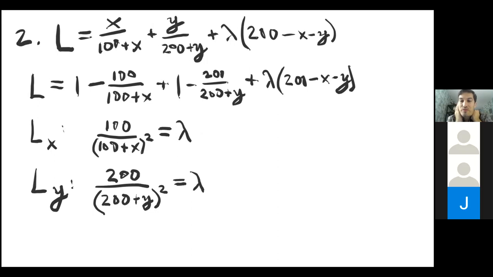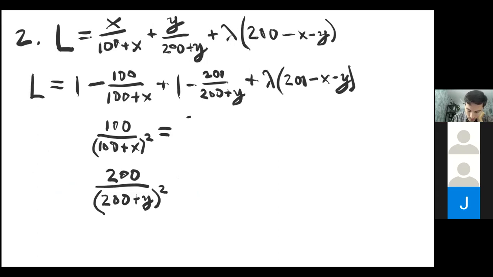Because just like before, the first step is going to be to eliminate lambda. So really natural and wise first thing to do in a situation like this. Forgive me, but I will erase some of these in order to put them together. 200 over 200 plus y squared.